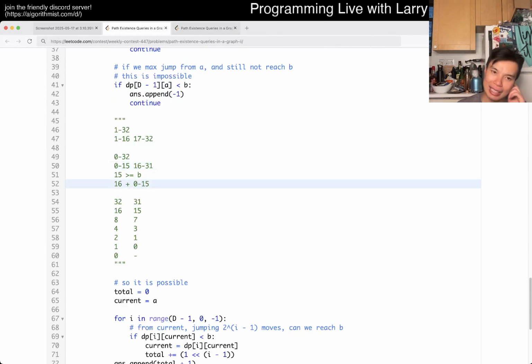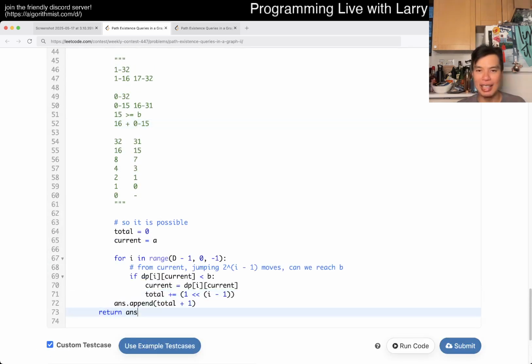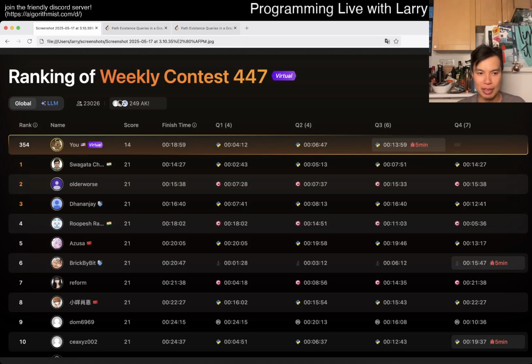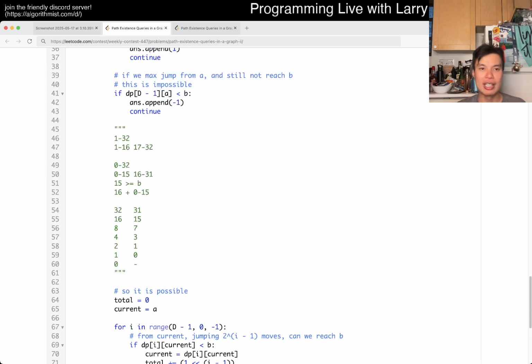But how I came up with this was honestly I just looked at Sheep's solution or whatever, and then I realized that, oh, he did it with total plus 1, and honestly it took me a while to understand what he was doing, but it just turns out that it did it this way, right?